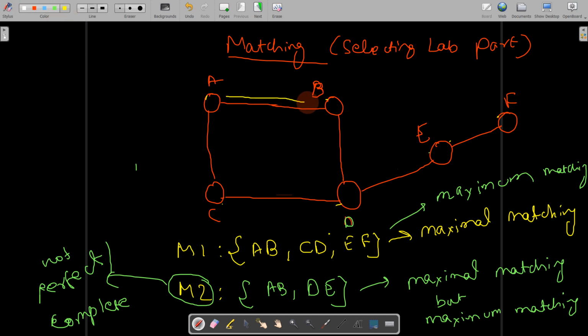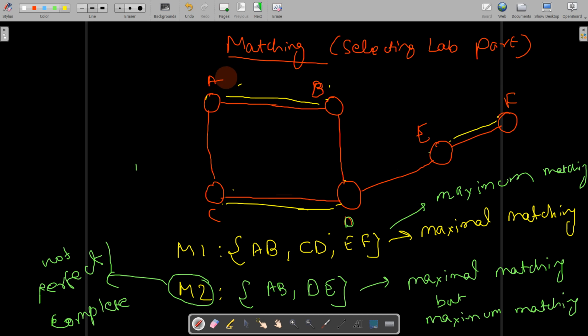A B, C D, and E F. See the first M1 matching A, B, C, D, E, F. In all the edges that we have selected, all the students or all the nodes have been covered. That means this is a perfect matching or a complete matching.